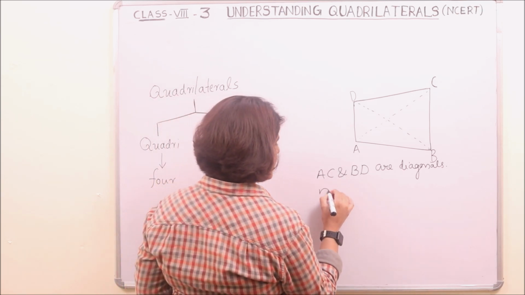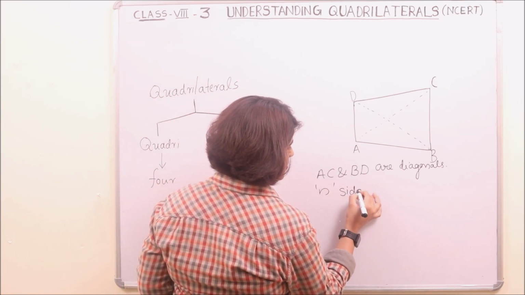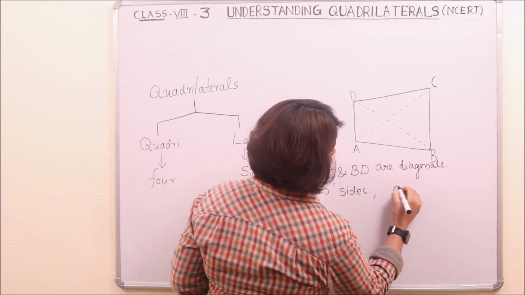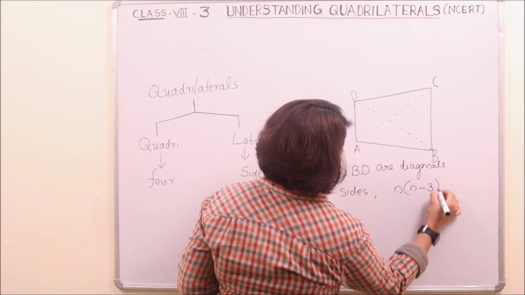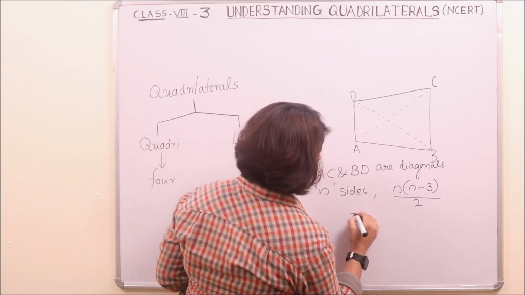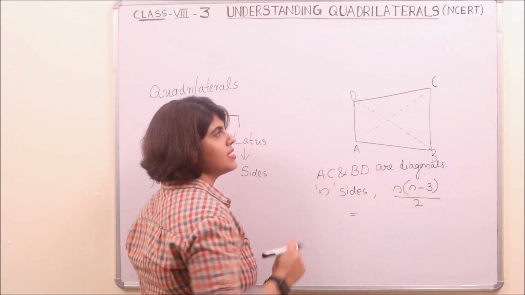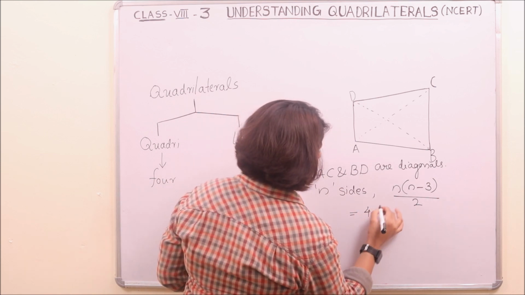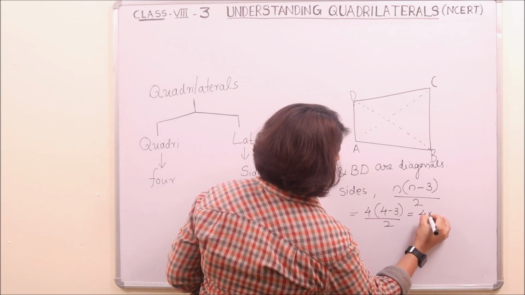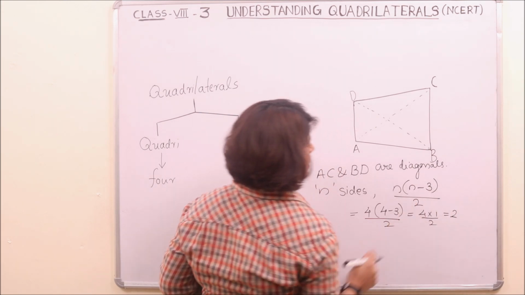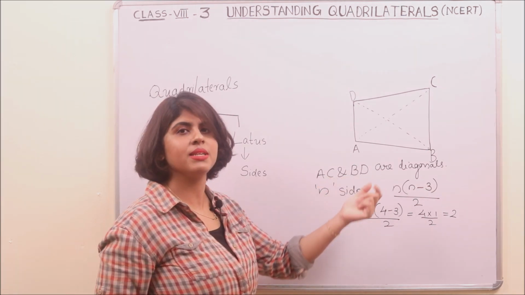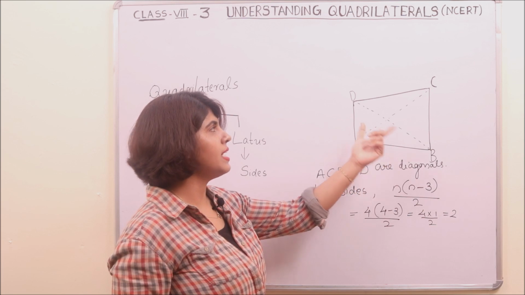If n is the number of sides of a polygon, then the number of diagonals is n into n minus 3, divided by 2. Substituting the value of n, the quadrilateral has 4 sides, so 4 into 4 minus 3 by 2, that is 4 into 1 by 2, which is equal to 2. That is 2 diagonals a quadrilateral has. That is what we got here, right? AC and BD are the diagonals of the quadrilateral ABCD.